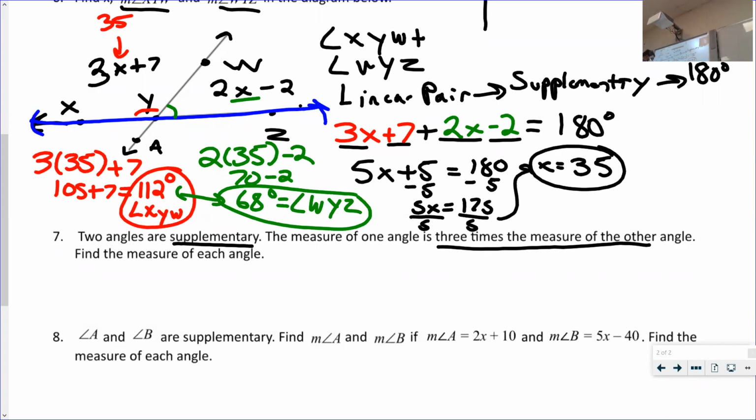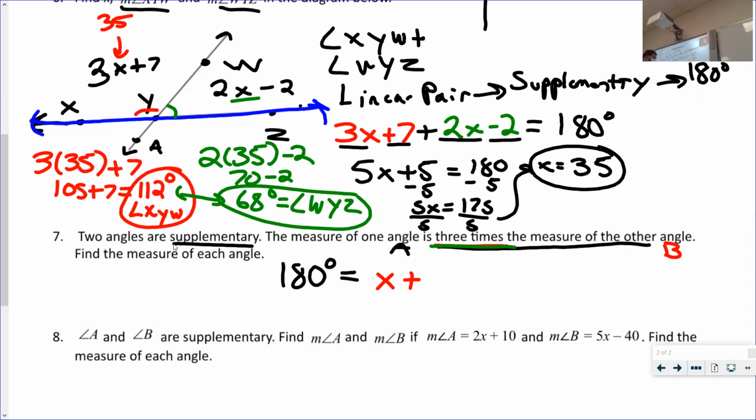So this is going to become 180 degrees. So two angles are supplementary, 180 degrees. The measure of one angle, I'll call angle A, is 3 times the measure of the other angle. I'll call it angle B. So if B is, let's say, X, we said here 3 times the measure, I'll do it in green.